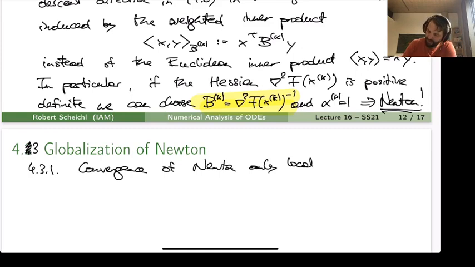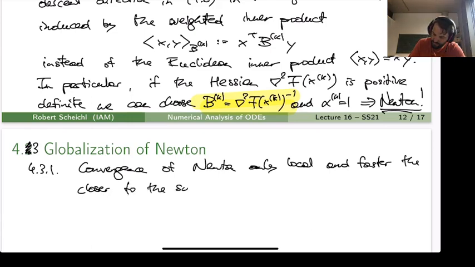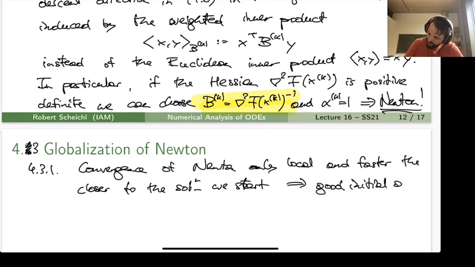And faster, the closer to the solution we start. So we need good initial guesses. So finding good initial guesses is an important task.